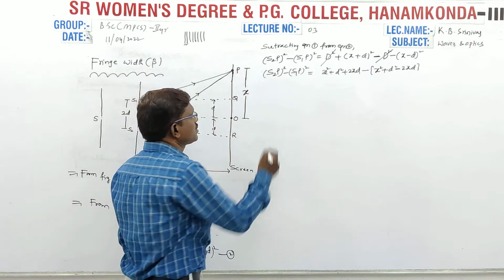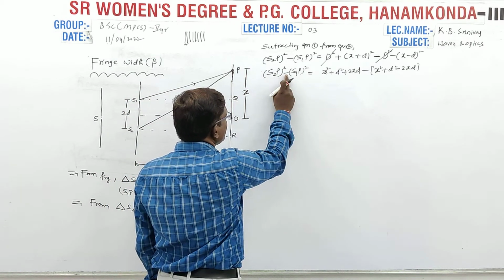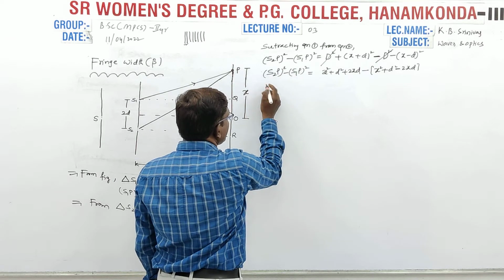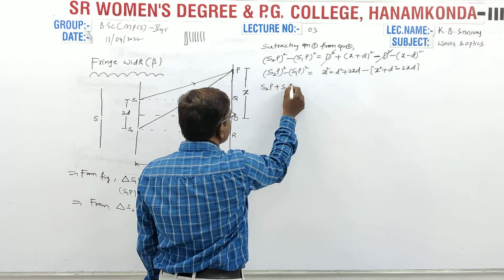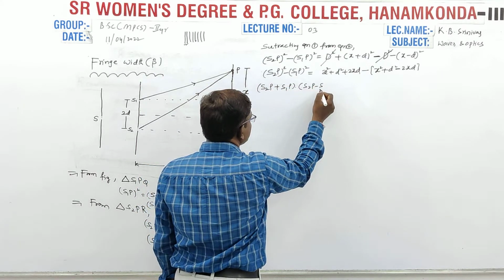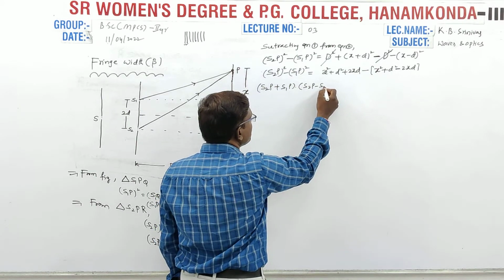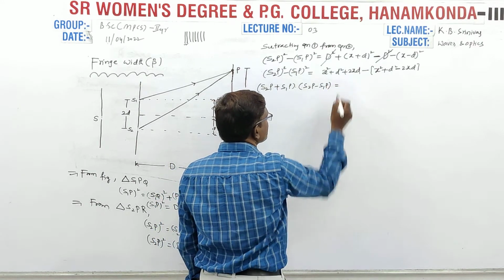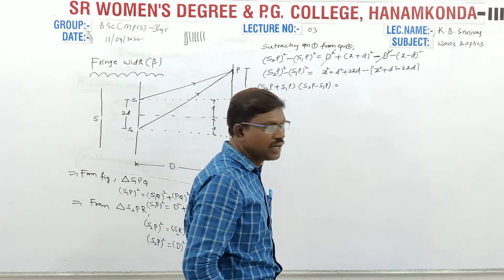Right. So the left side is in the form of A square minus B square, which can be written as A plus B into A minus B, that is S2P plus S1P into S2P minus S1P. I am using the A plus B into A minus B formula. Clear?